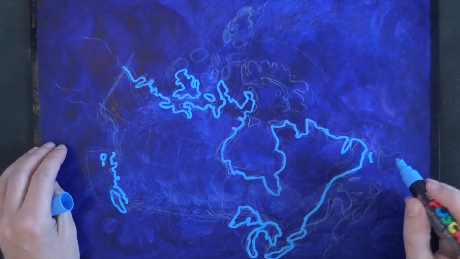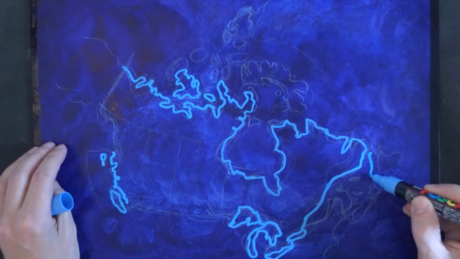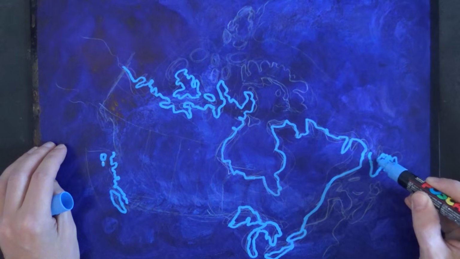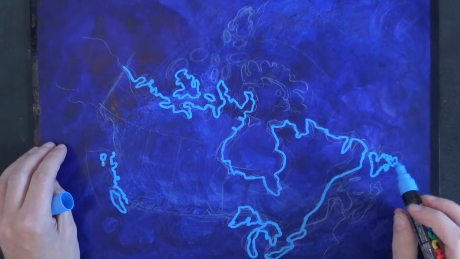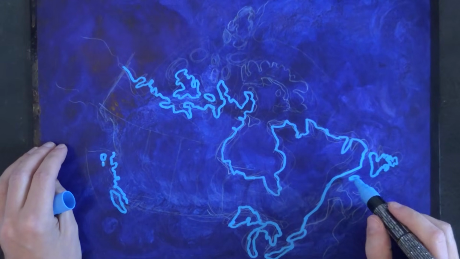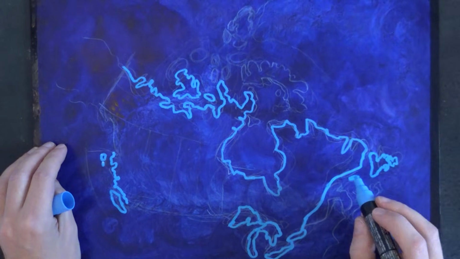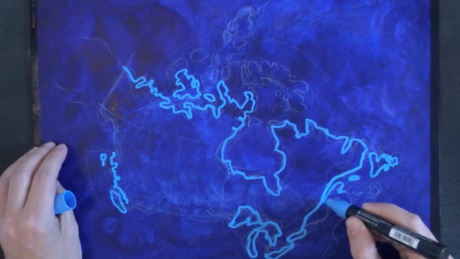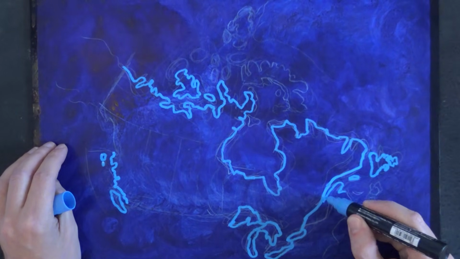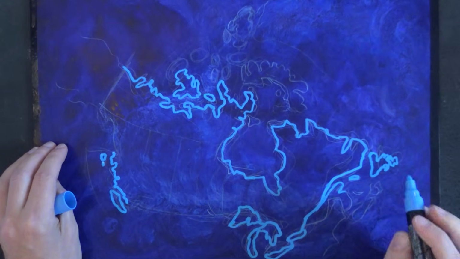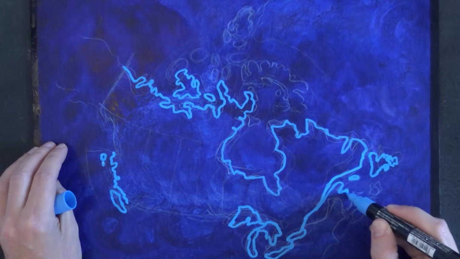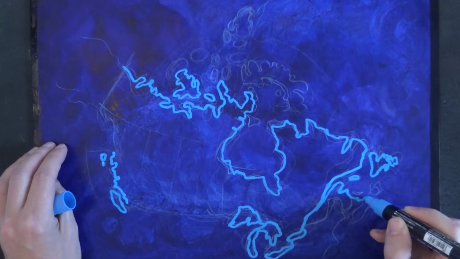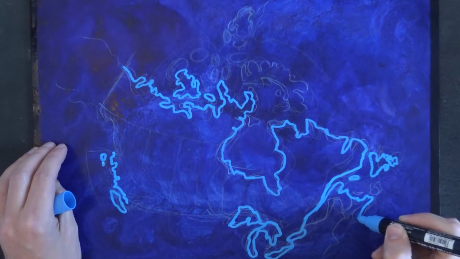And let's continue here to the east. We have Newfoundland, to the very east, Anticosti Island, the eastern shore of St. Lawrence River, and New Brunswick, Nova Scotia.